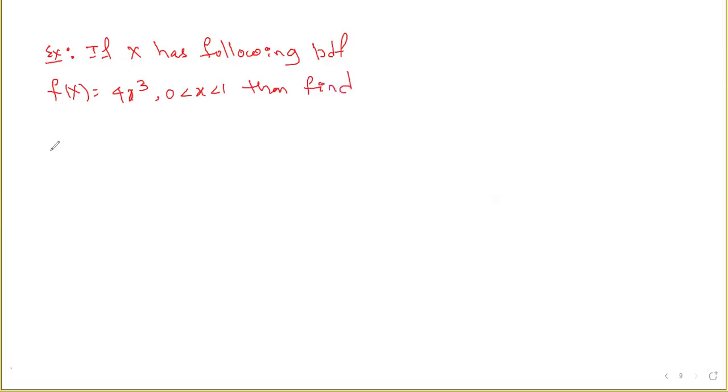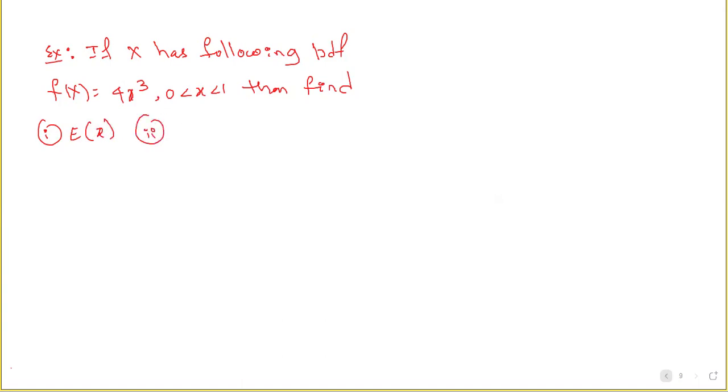If x has the following PDF, f of x equals 4x cube, 0 less than x less than 1, find first, expected value of x.